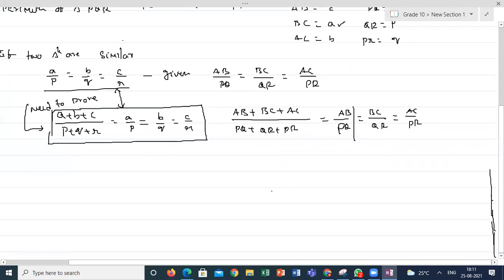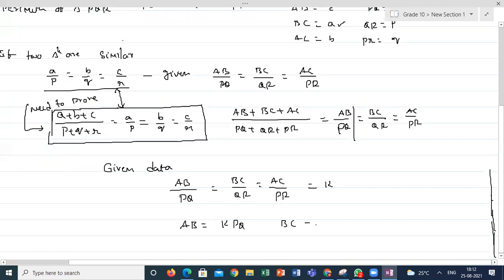How am I going to do this one? I am using the concept of ratios and proportions here. According to the given data, AB by PQ, BC by QR, and AC by PR are equal to some common ratio K. So from here I am getting AB is equal to K times PQ, BC is equal to K times QR, and AC is equal to K times PR.